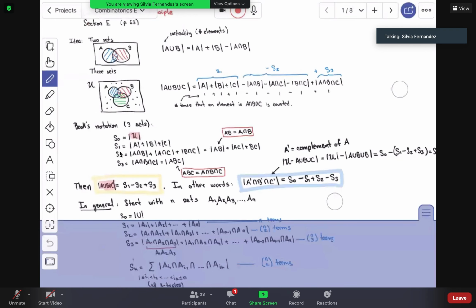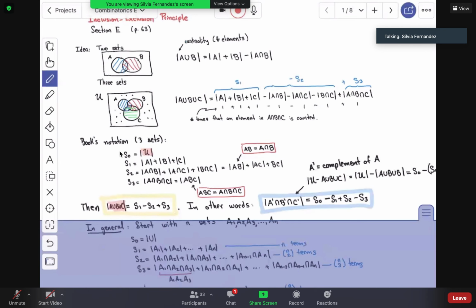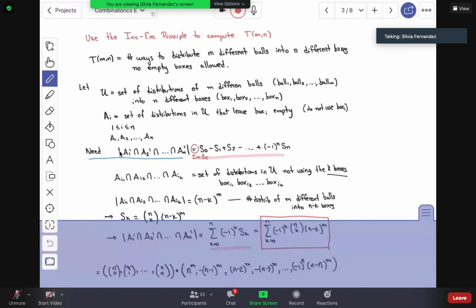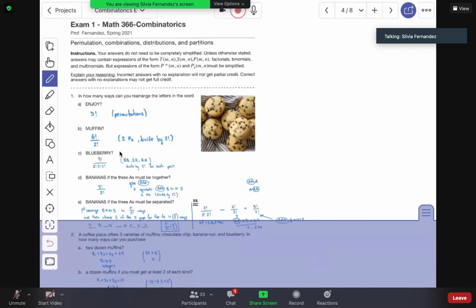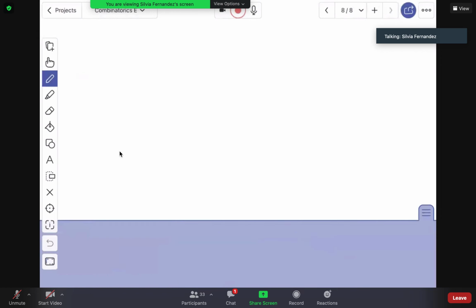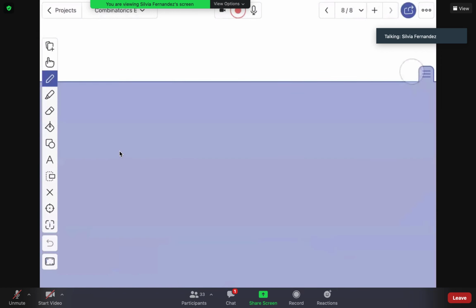The idea is that you subtract from the total, but you're subtracting more than you should, then you need to add, and then you subtract, and then you add. So it was that idea. But I just want to show you one quick application of that, and then we'll continue on Thursday.